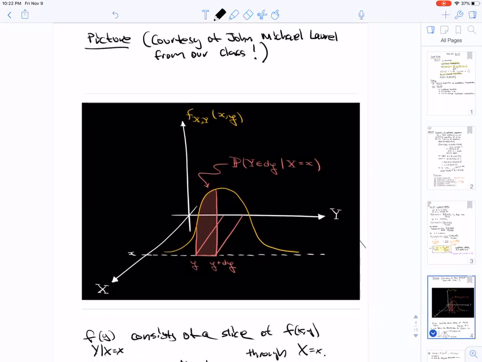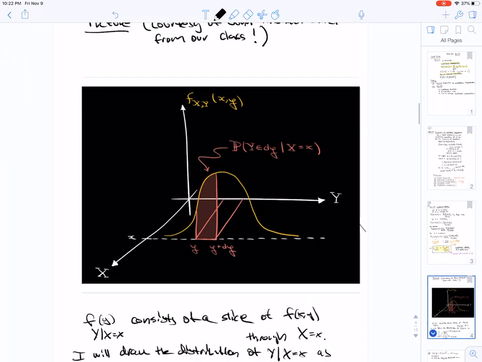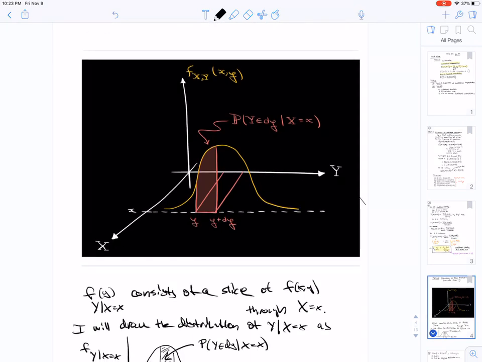John Michael Laurel in our class, a great artist, made this picture of the conditional density. You can think of it as a slice of the joint distribution: you fix X is x and make a slice along that line.